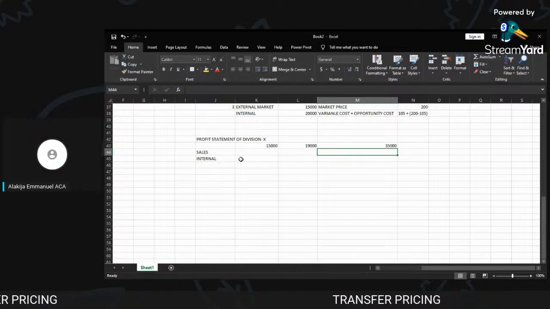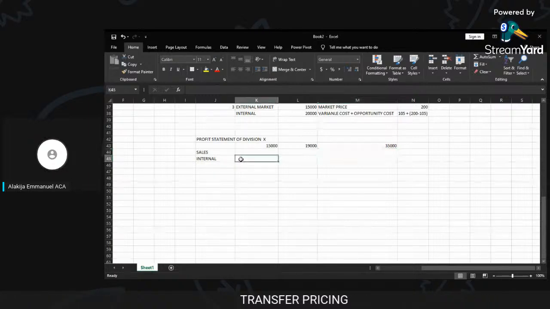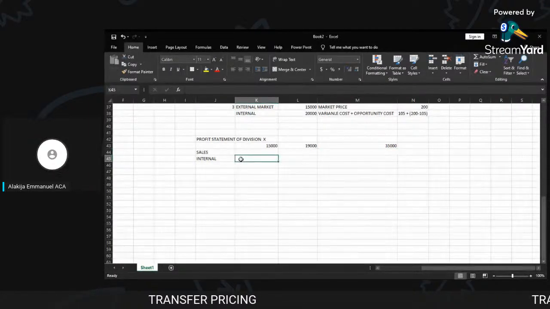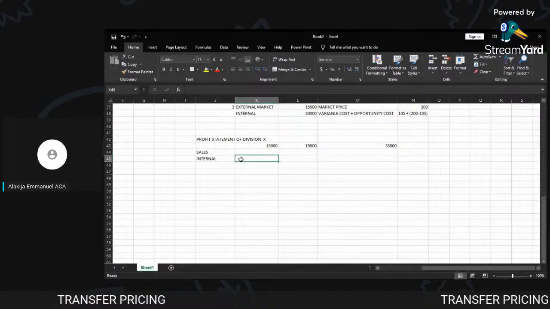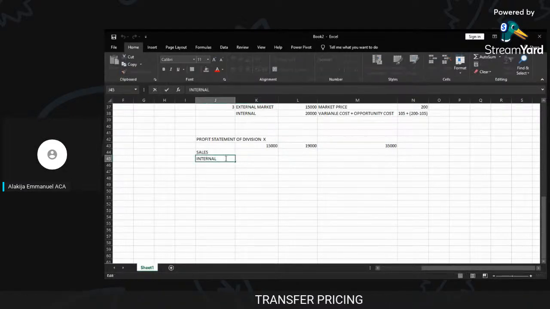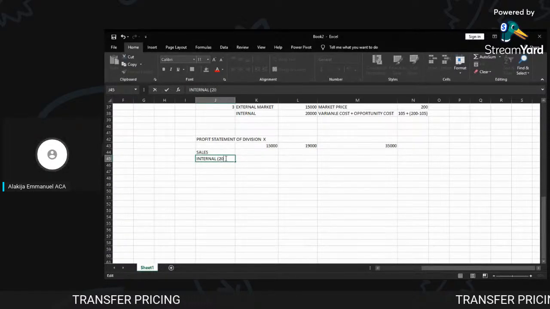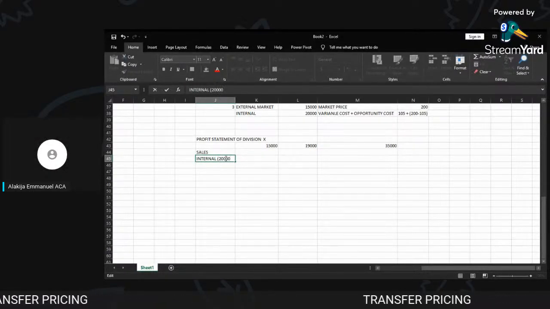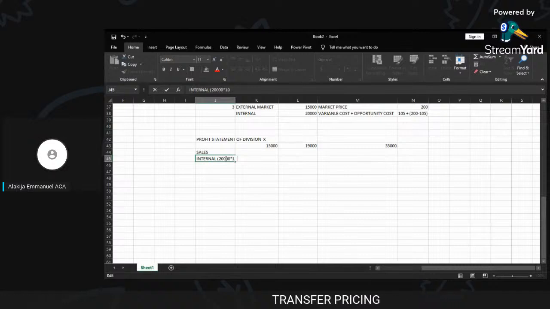So internal demand is going to be, we are going to sell 20,000 because there is spare capacity. It's going to be at variable cost multiplied by 105.